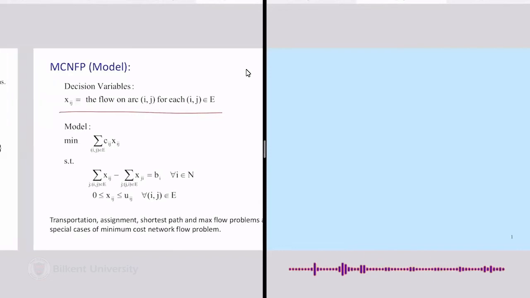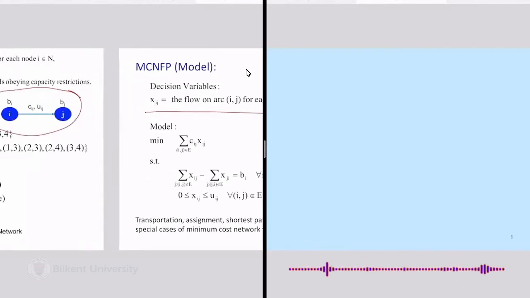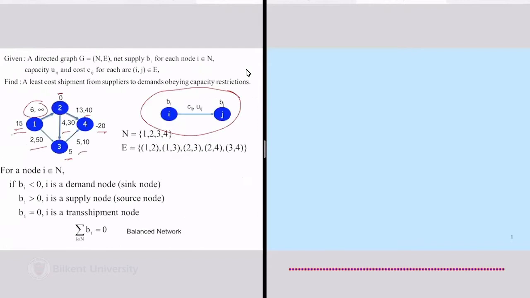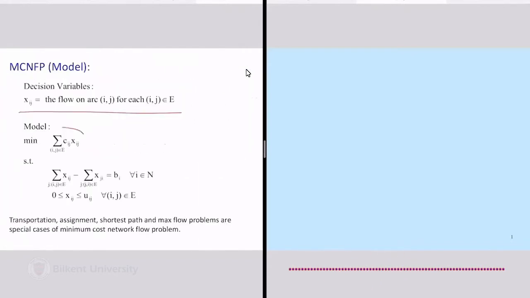Since I defined those c's as the per unit cost, my total cost is the total of the per unit cost multiplied with the amount that I'm sending through there, which is the decision. I don't know which arcs I'm using, and I don't know how many I'm shipping from where to where, right? So those are my decision variables. I want to minimize my total cost.